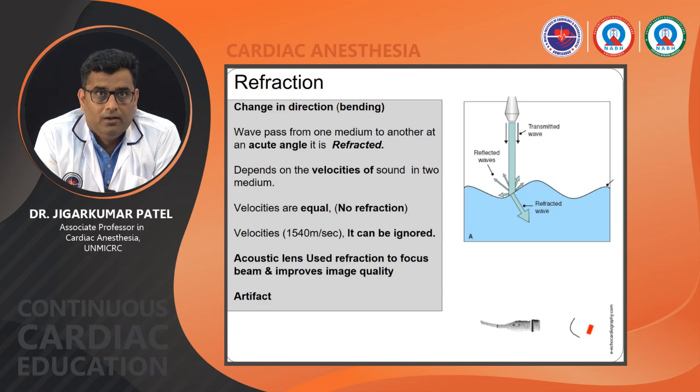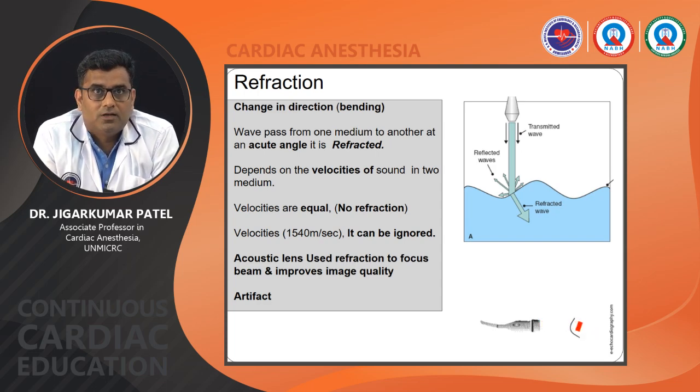The third tissue property of sound waves is refraction. It is the change in direction or bending of the sound wave. When a wave passes from one medium to another at an acute angle, it is refracted, and this refraction depends on the velocity of sound in the two media. If velocity is equal in both media, then there is no refraction.